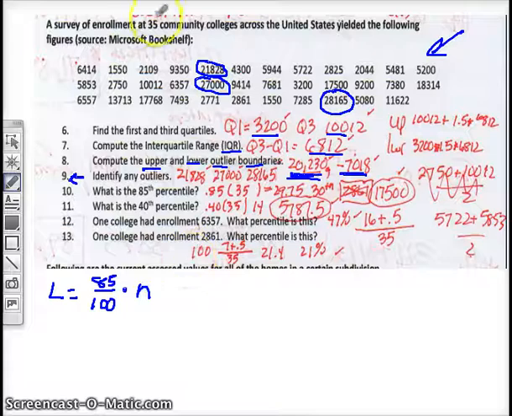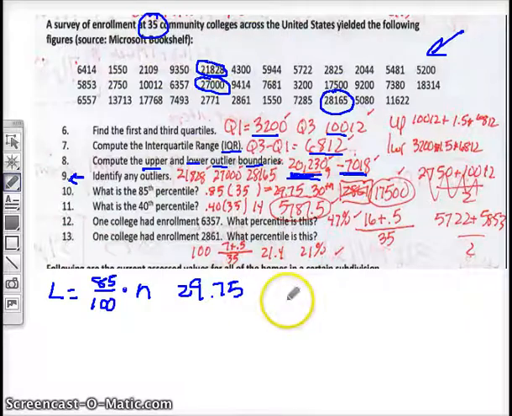Now we know there are 35 community colleges, so when I multiply all of that out, of course I did that right here, I get 29.75. Now what did I tell you when we have a decimal? You round up to the next number, which is 30. So you're trying to find the 30th number.